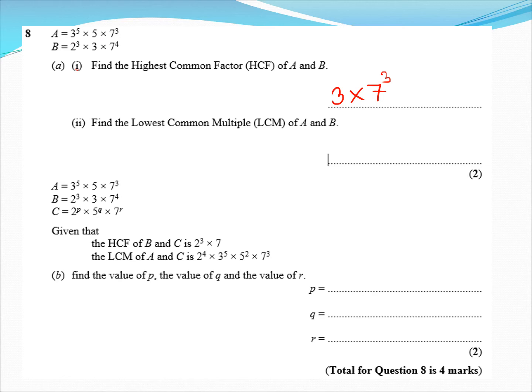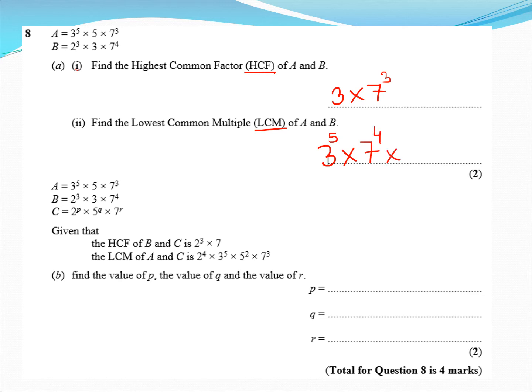So I said that if you want to work out the lowest common multiple, first pick the common factors. The common factors are 3 and 7. Now note, for HCF we pick the common factors with the lowest power, right? Here it is LCM, so we'll pick the common factors with the highest power. So I'm going to take 3 to the power of 5 and 7 to the power of 4.